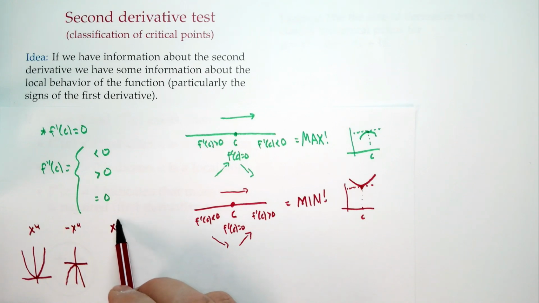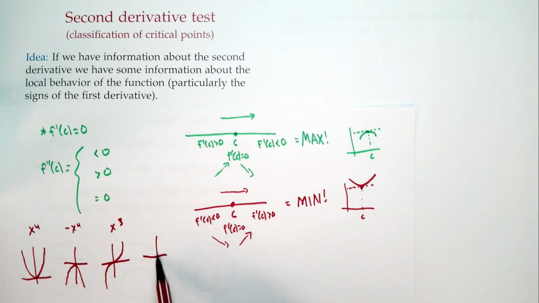Or x cubed at 0 would look like that. All three of these have the second derivative equal to 0 at 0. And I suppose, to round it out, there's negative x cubed. But you can see we can either go up on both sides, go down on both sides, or any combination. So anything is possible.